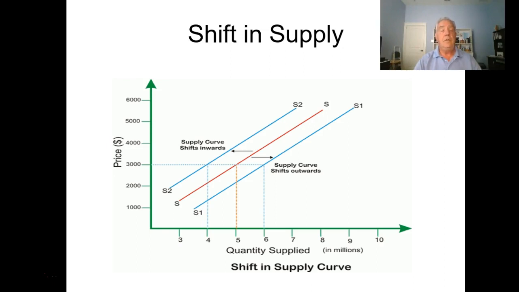Now, what we see is at a price of 3,000 units, if supply shifts, we supply less, from 5 to 4. If the supply goes up at that same price, we'll produce 6.